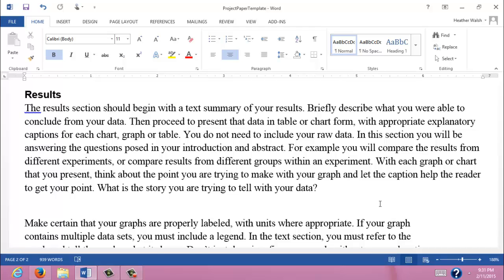And then you can present your data in table form. Now this is the section in which you do not want to include raw data. So I don't want initial milliliters of sodium hydroxide, final milliliters of sodium hydroxide. I don't need that stuff. What I do need is to know, let's say, your mean percent salicylic acid from the Spec 20 versus its sample age or what have you.